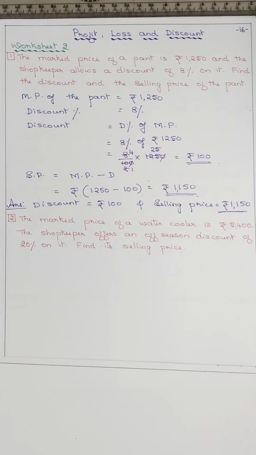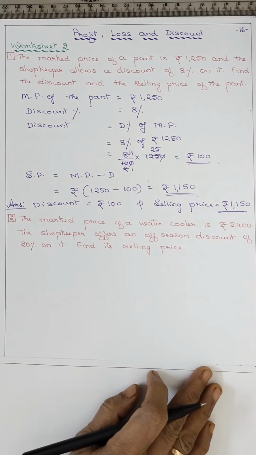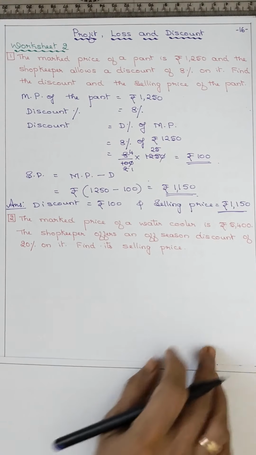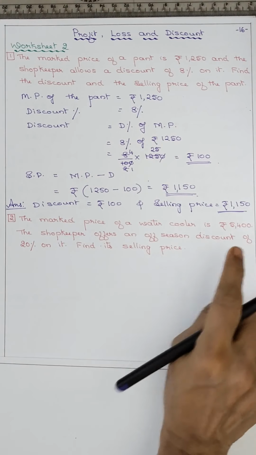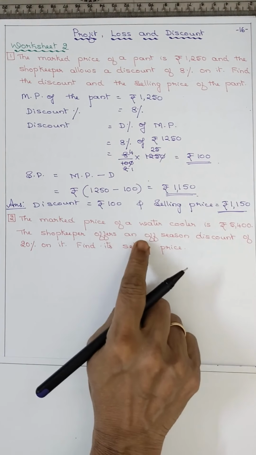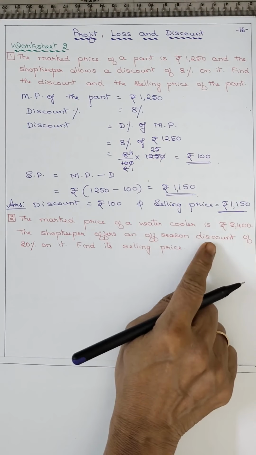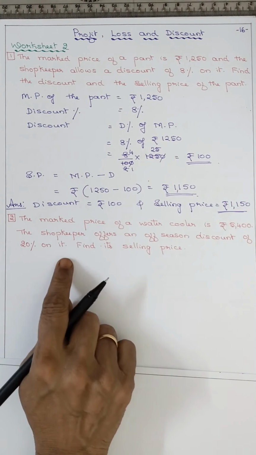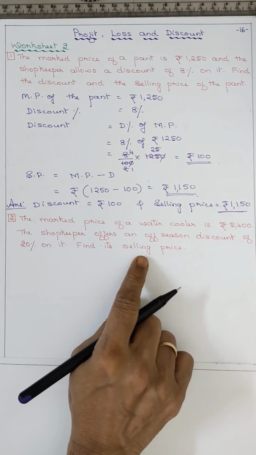Now the second question. The marked price of a water cooler is 5400. The shopkeeper offers an off-season discount of 20% on it. Find its selling price. So what are all given?